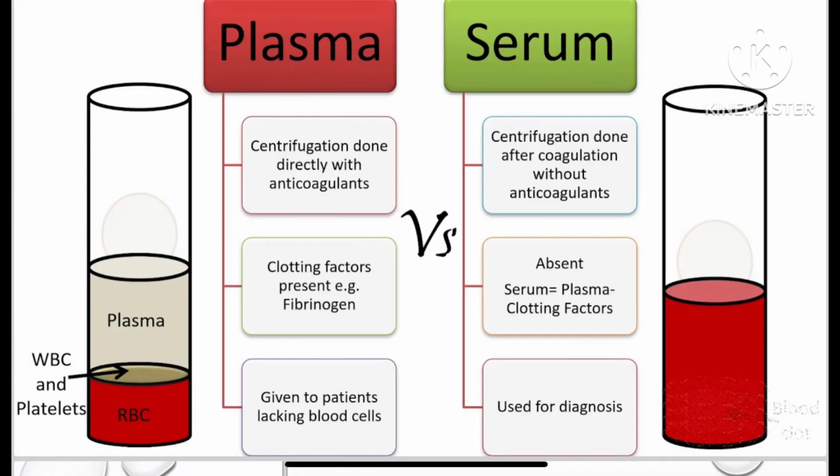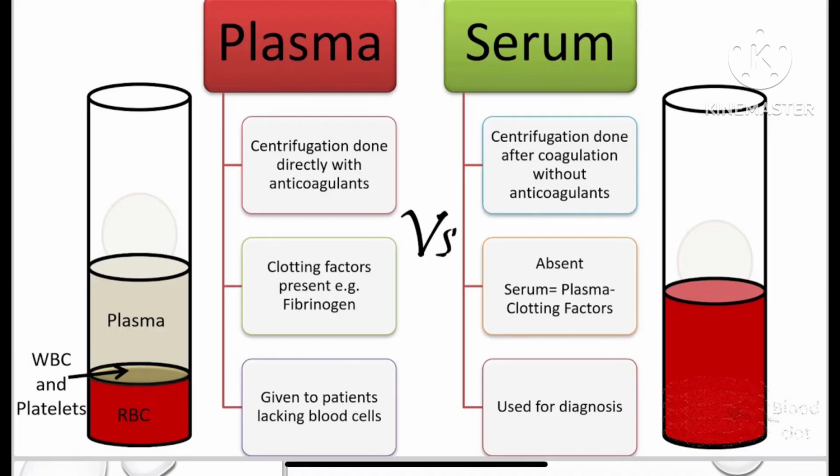This diagram here shows the difference between plasma and also serum. So again, for plasma, the centrifugation is done directly with samples that have anticoagulants. For plasma class, clotting factors are present, an example of which is the fibrinogen.